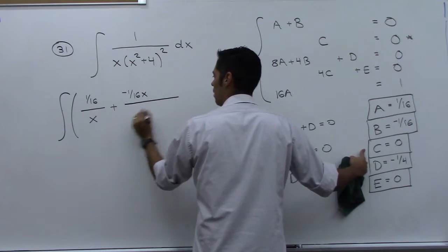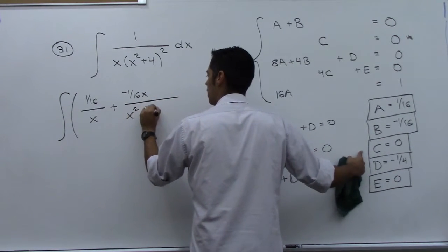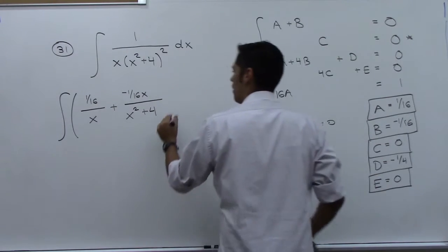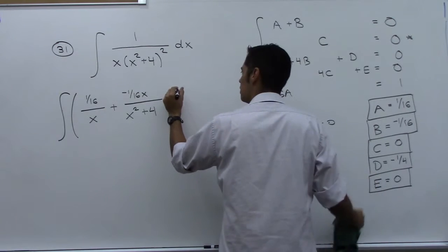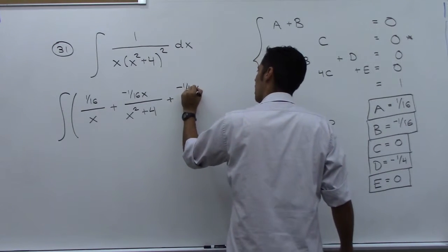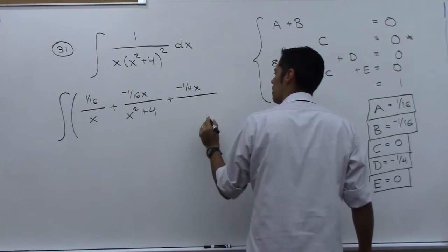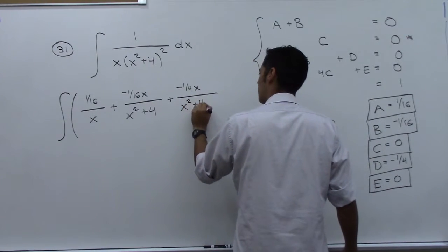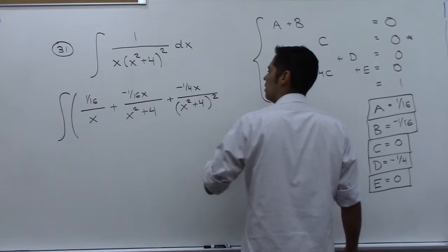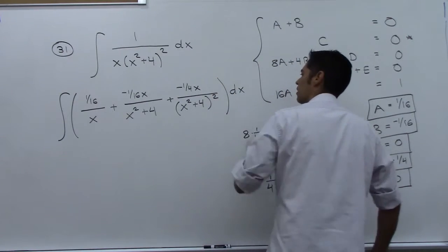So that over my irreducible quadratic. And then plus, it was a, b, c. It was dx, which is negative 1/4 x over, plus e, but e is 0, over my irreducible quadratic squared dx.